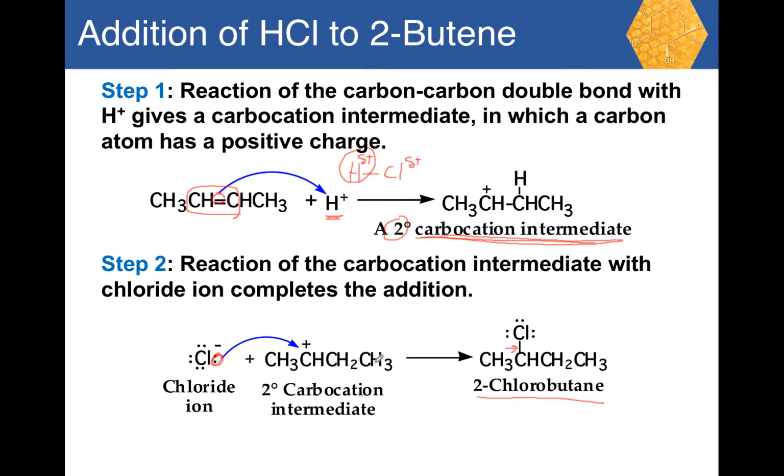So that's the 2-step. Step number 1 forms the carbocation, and step number 2 forms the product. So that's a mechanism. You will be asked to write mechanisms for reactions. They're typically 2-step mechanisms, just to make sure that you understand how reactions occur.